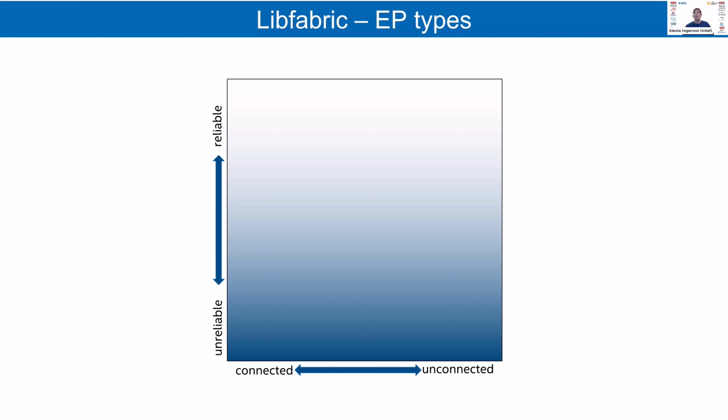The second consideration is whether your endpoint is connected or unconnected. So that is whether you have a one-to-one relationship between a sending endpoint and a receiving endpoint, which needs to be managed with your typical listen, connect, accept flow. So again, you can think of this as TCP versus UDP. With a regular TCP socket, you have to manage your end-to-end connection and listen and accept.